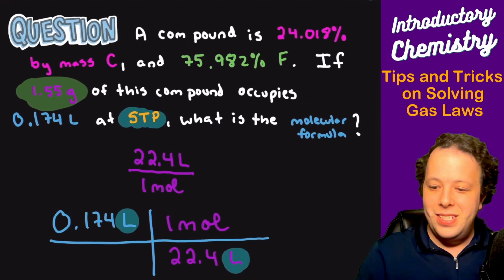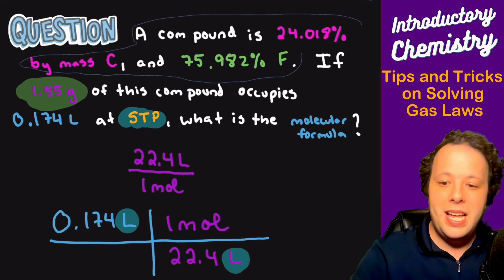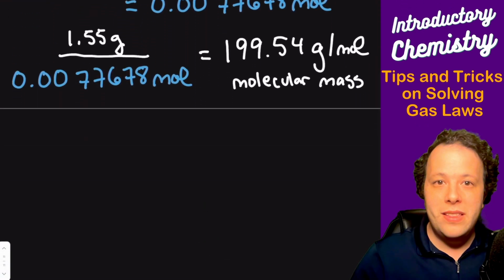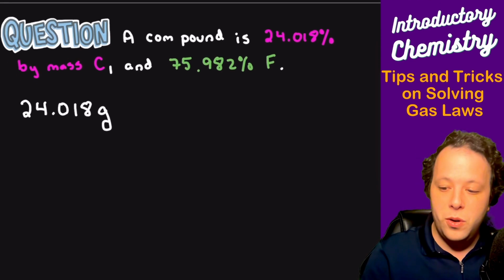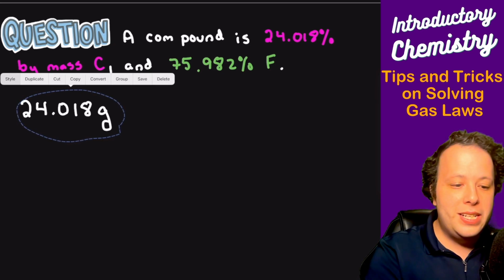All right. So earlier we were given this bit of information about the mass of carbon and fluorine. We can use this to do our next step. We can assume that this is 100 grams out of 100 grams. So we'll take 24.018 grams of carbon, and we will also take our mass of fluorine as well.